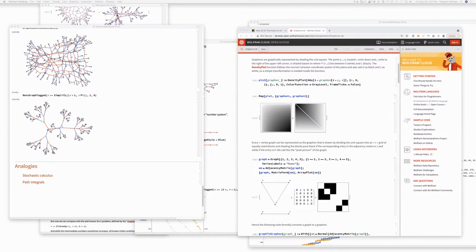Iteration, Richard says, would be like convolution. Yes, I agree. I'm looking at a random thing on the web here about stochastic calculus.